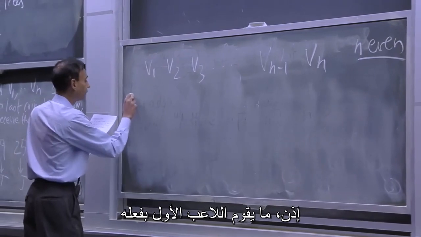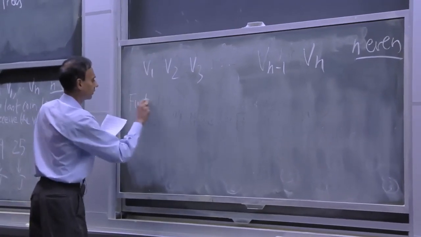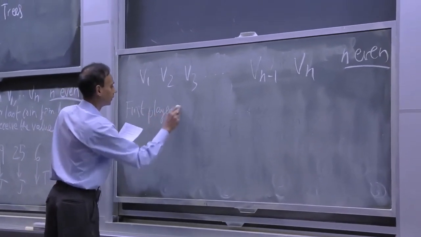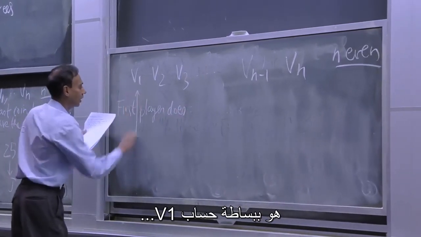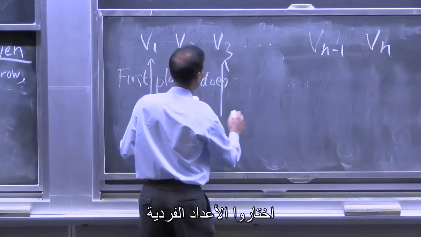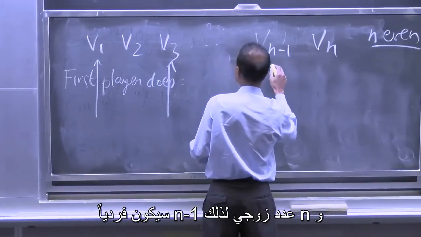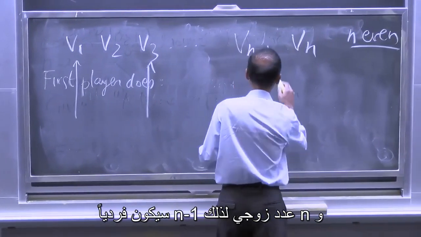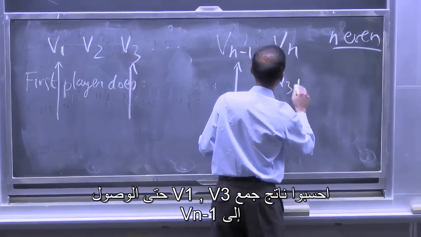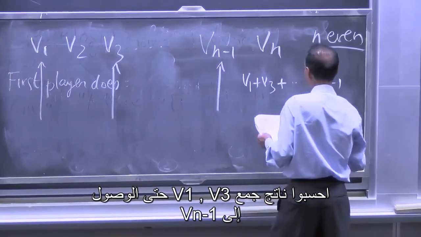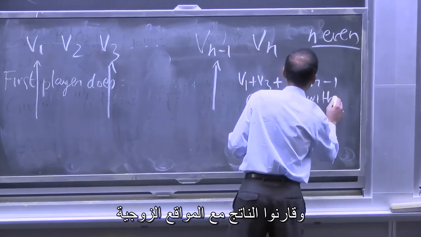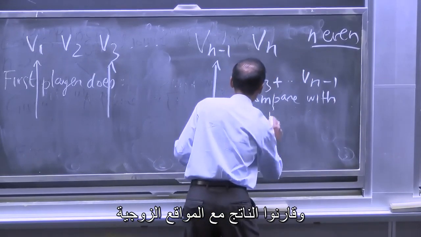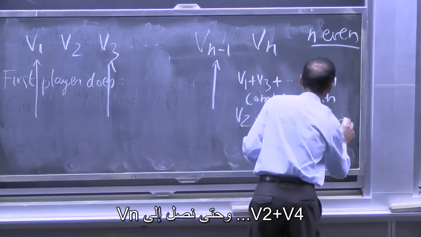What the first player does is simply take the odd positions, and since n is even, Vn minus 1 is odd. Compute V1 plus V3 all the way to Vn minus 1. And compare that with the even positions, V2 plus V4 all the way to Vn.